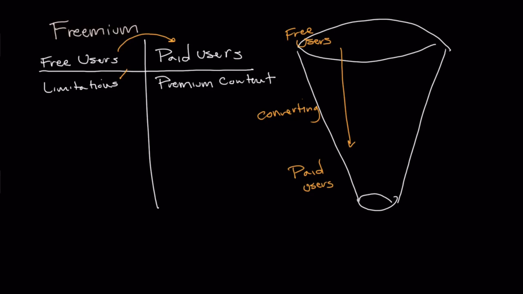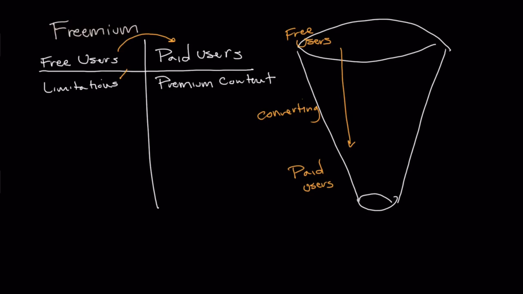Now, this works against the freemium model because the problem is, although a service is free for the user, that doesn't make it free to provide. So really, to look at the economics behind this model, you need to look at two different categories. On the first end, we're going to look at the paid users.